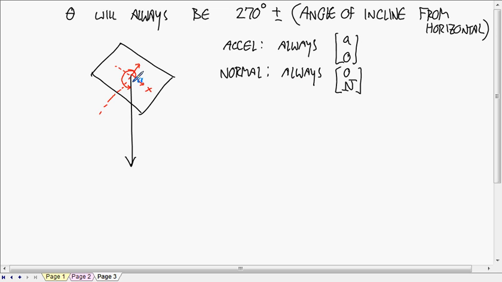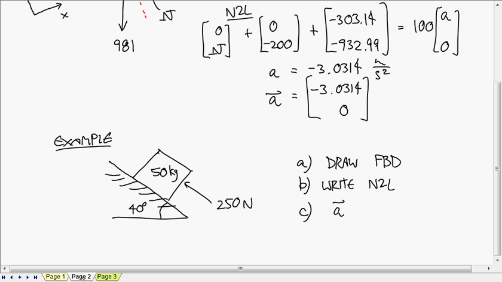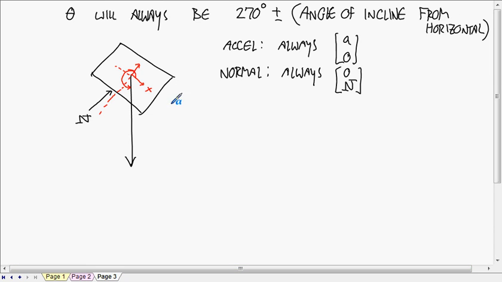Okay, so there's the weight. Here's the normal. And then we add 250 this way. So Newton's second law says 0, N. Whoops. The weight force is 490.5. What are the components of this 250 Newton force?